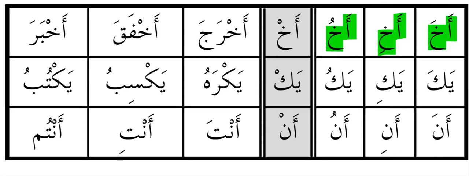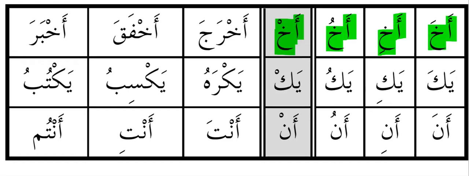And we come to a, and then the kha has a sukoon on it, so we pronounce it akh. So we don't really put a vowel on the kha, meaning a fatha, kasra, or a dhamma. We just say akh.